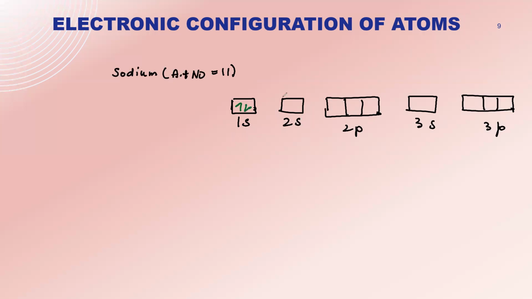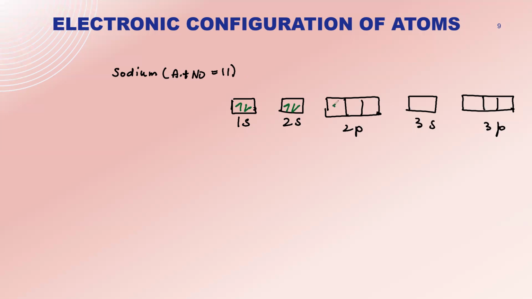Okay, now I will move to the higher energy, which is 2s. So again, I have sufficient, I still have 8 more electrons. So I'll put 2 here, 1 and 2. Next, I have to fill the p orbital. 4 are already filled and I still have 7 more. So let us try to fill the p orbital.